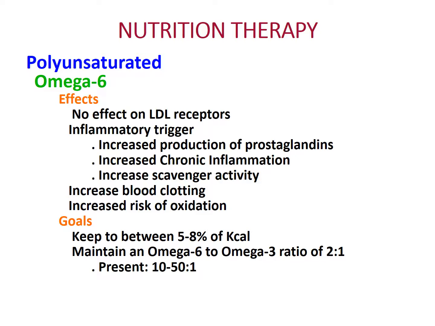Okay, so we've got to do something to reduce our omega-6s. We're just eating a lot of those. They tend to be the cheaper oils, and maybe easier to get. But we're just eating too much of them in this country, and that is increasing our risk for heart disease.